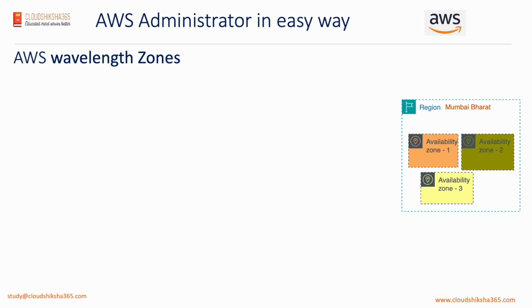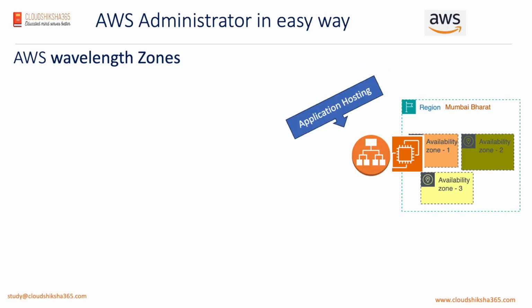In a general way, I'm taking an example: let's say you have hosted your application in one of the regions. I'm taking the example of India. So in Mumbai, Bharat, we are going to host our application. This application is hosted, this is our compute resources, storage resources, and we have auto scaling in front of this so that we can auto scale everything.